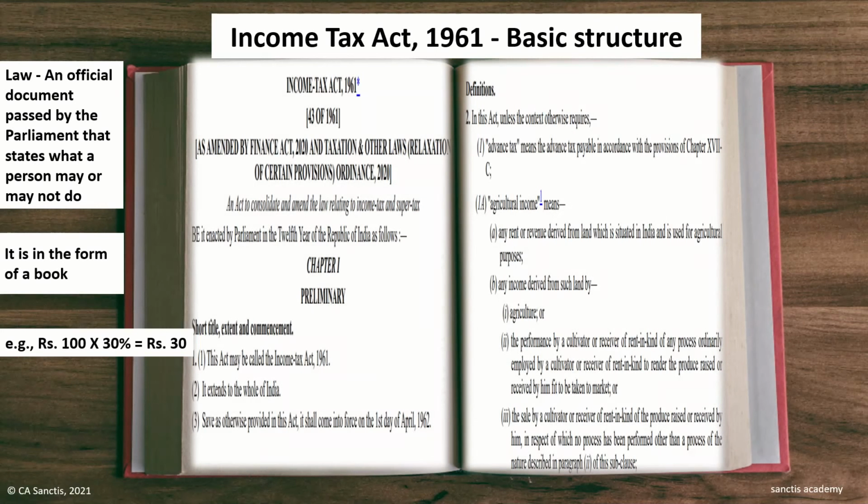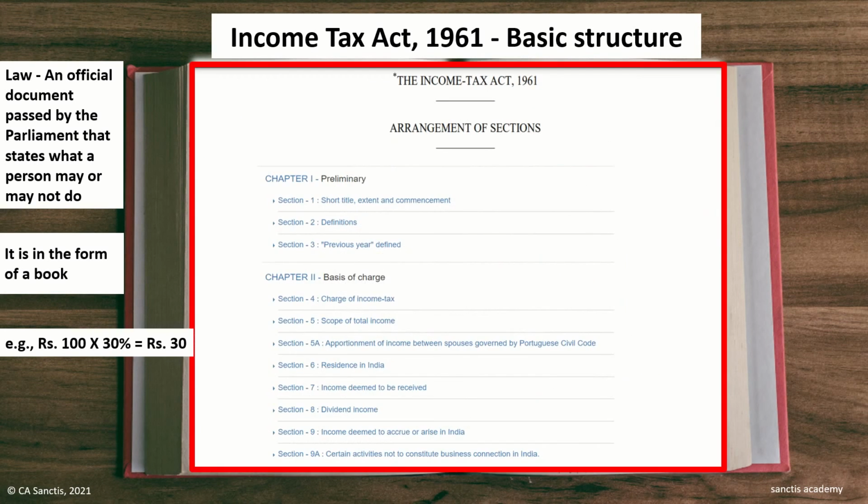Now, this is representative of the Income Tax Act 1961, that is in the form of a book. The easiest way to understand or go through the contents of a book is to study the list of contents. Like in any book, the contents of the income tax are arranged. Like in any book, the Income Tax Act 1961 is divided into chapters. There are 23 chapters in the Income Tax Act.